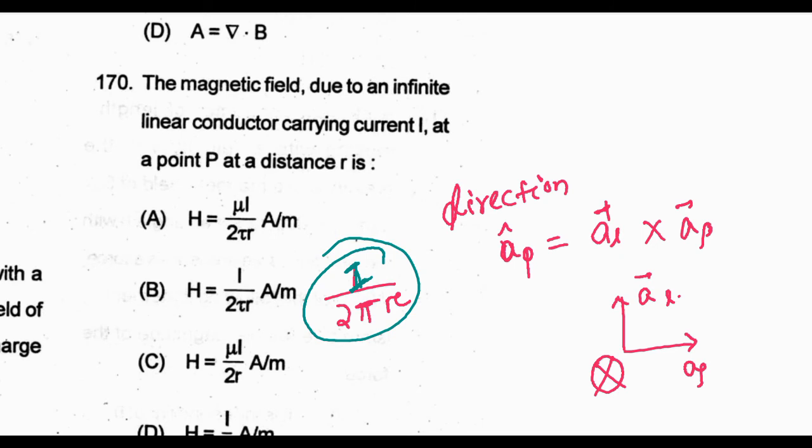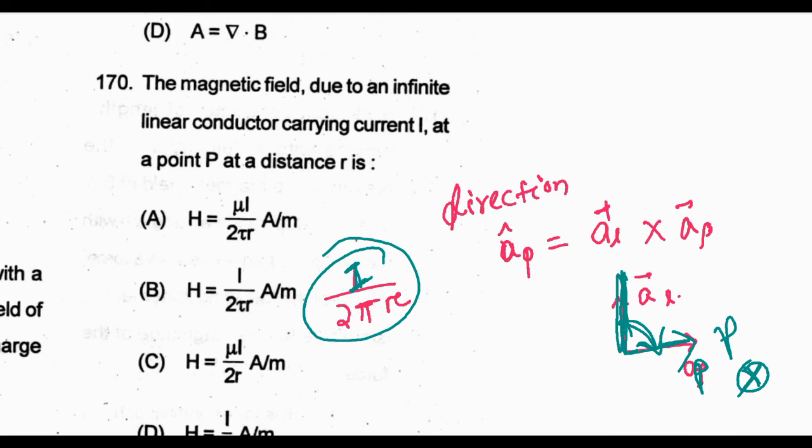And what will be the direction? Suppose this one is the infinite conductor and this one is the point P where we want to find the magnetic field. Then the direction of the field will be given by dl cross r, and for this one the direction will be inward.